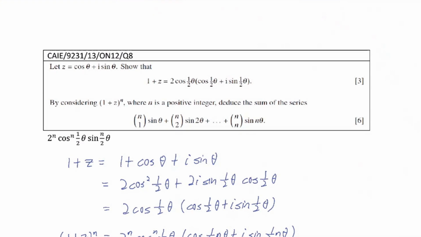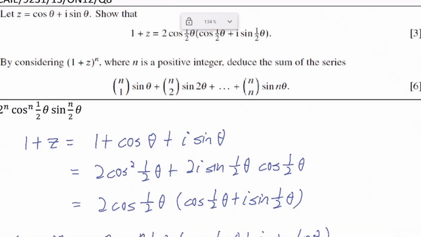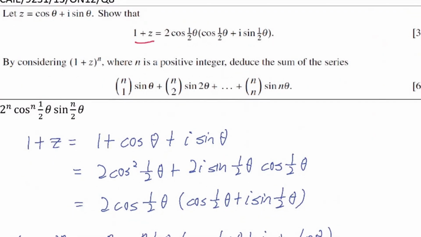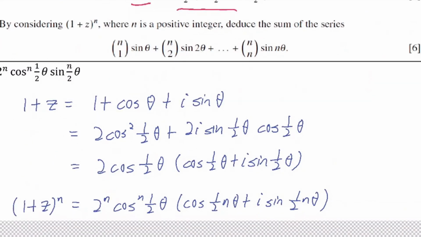Okay, for this one, it is actually the binomial expansion. Do we have enough time? I think yes, we have. We need to show that 1 plus z is given by this expression, and it's actually very easy to show.